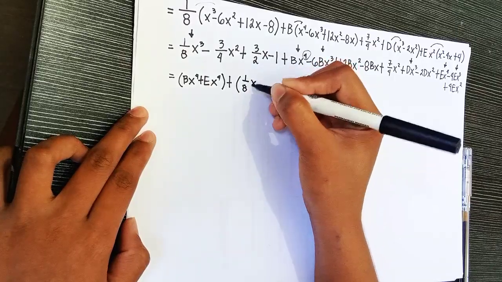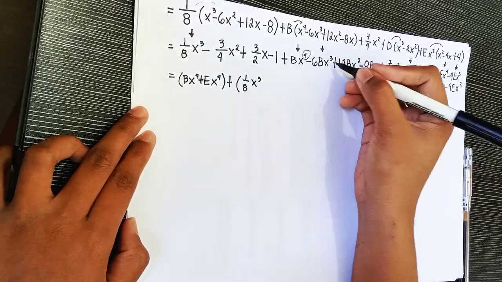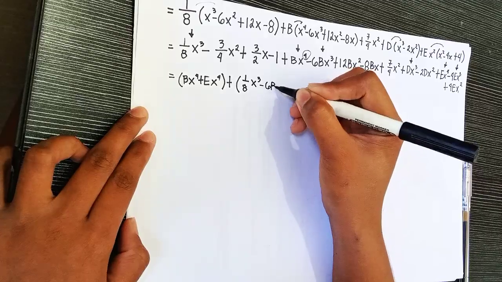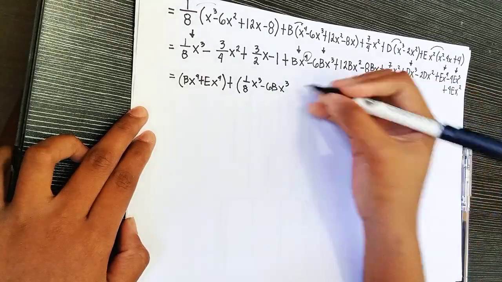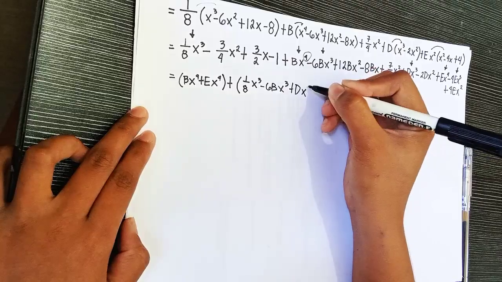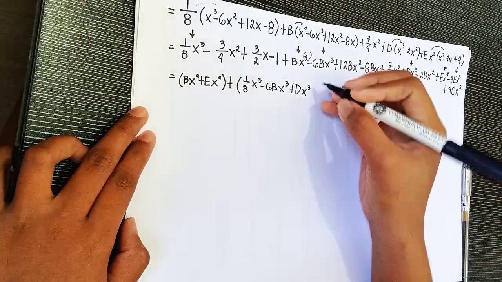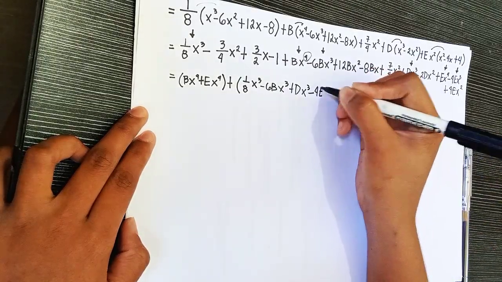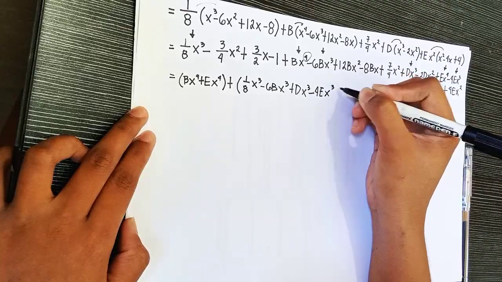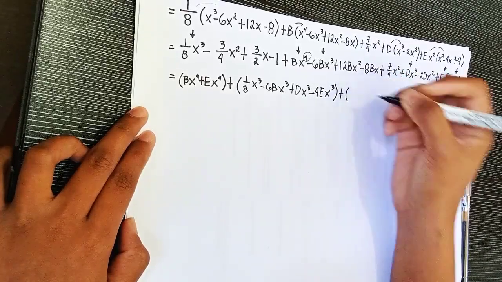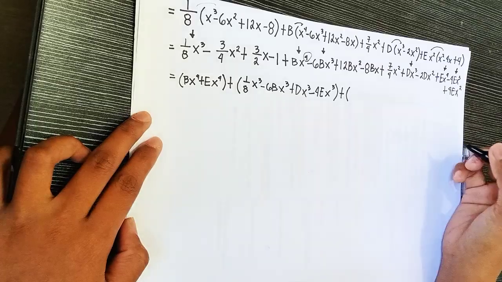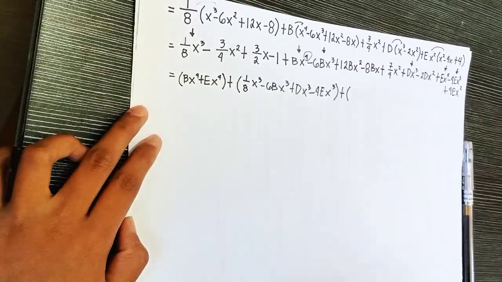So, we have 1/8 x cubed minus 6b x cubed plus dx raised to 3 minus 4e x raised to 3 plus ko-combine naman natin ngayon lahat na may mga degree of 2.